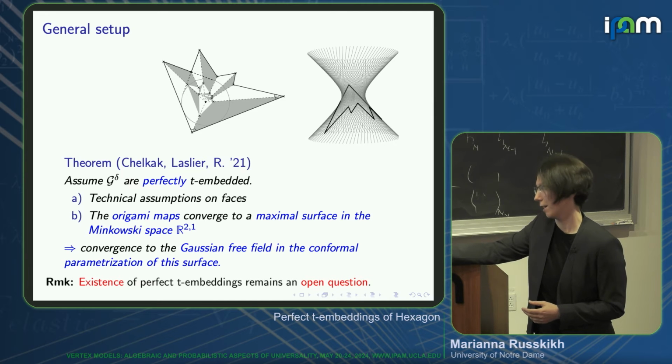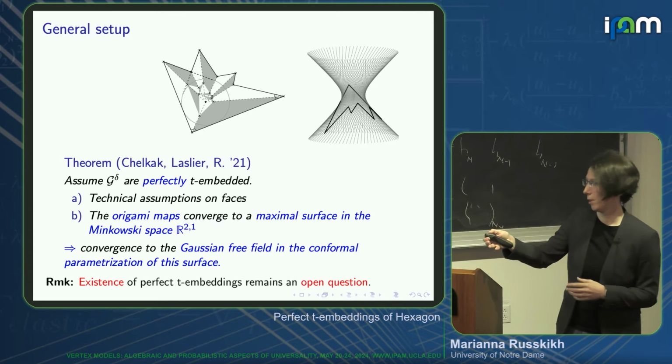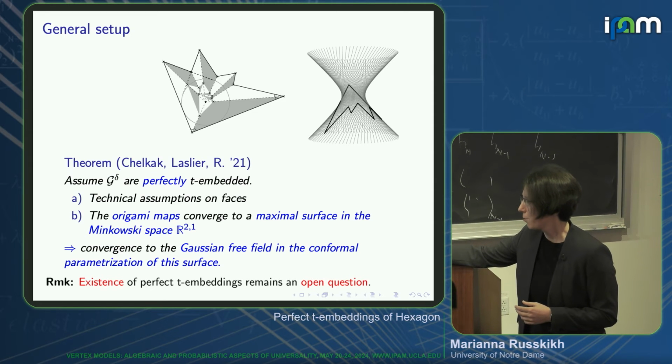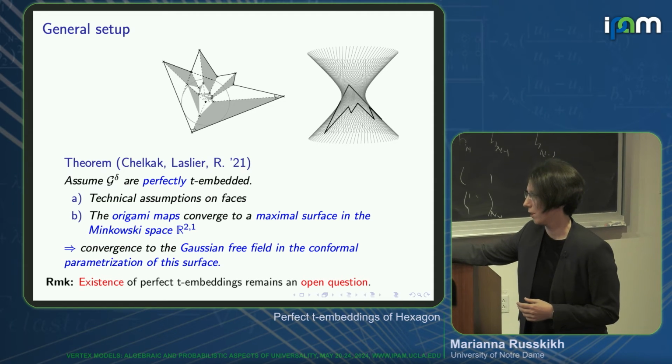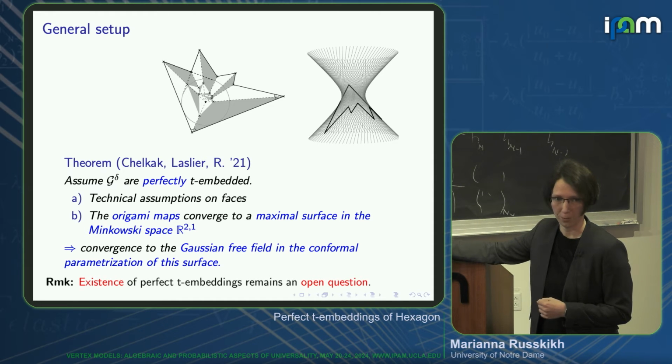By convergence here, I actually mean that the gradients converge to the gradients of the Gaussian free field. But anyway, we get the description of the corresponding conformal structure as the conformal structure of the surface to which the origami maps converge. Recall that there are three big assumptions.